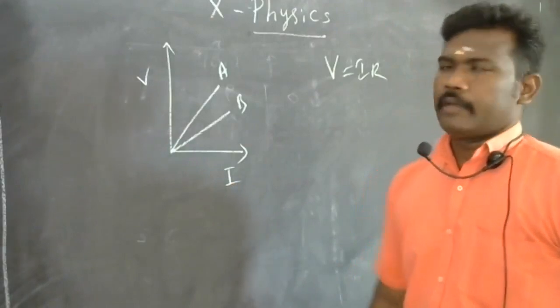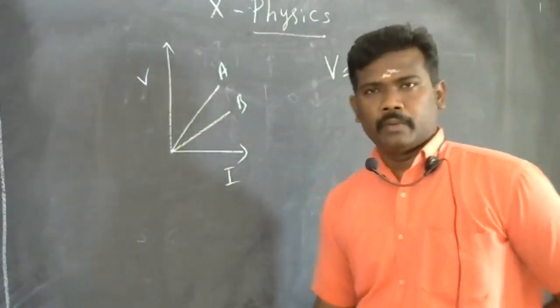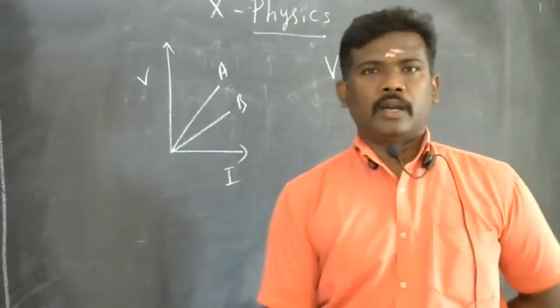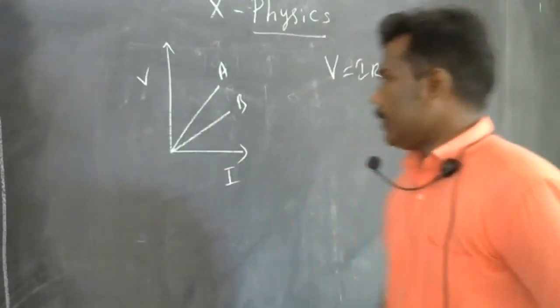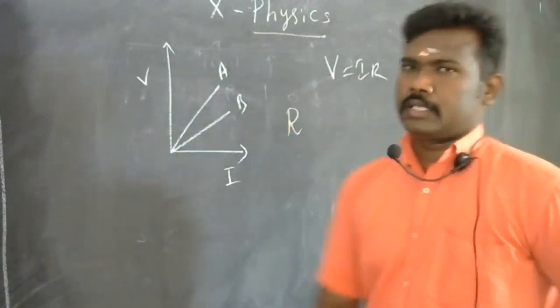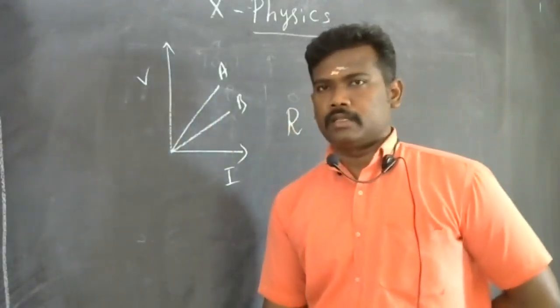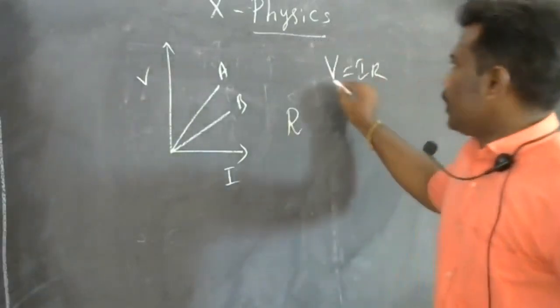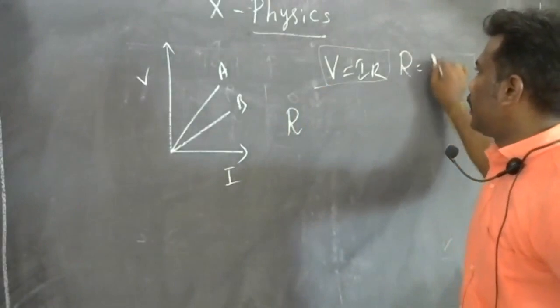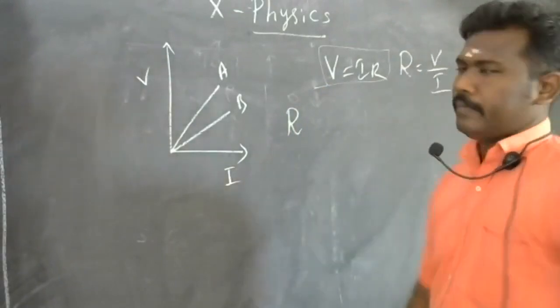So we have two different materials, A and B, with current on the x-axis and potential difference on the y-axis. Now we are going to calculate which material has higher resistance. For the calculation of resistance, we rearrange the formula like this: R = V/I.